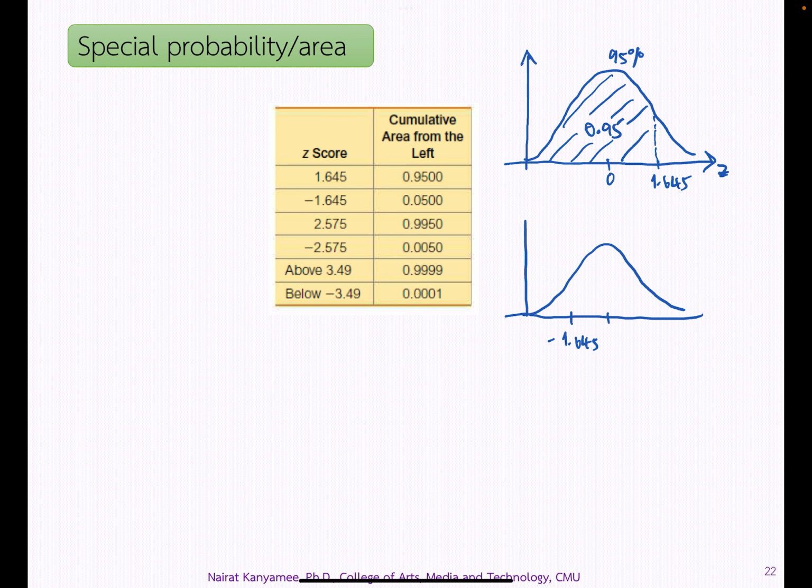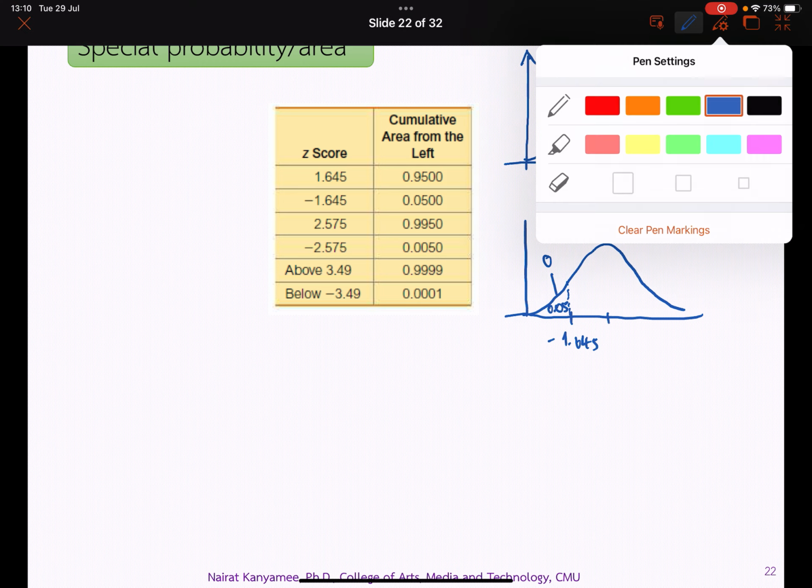So if the z-score is minus 1.645, the area, the probability here, is 0.05 or just 5%.